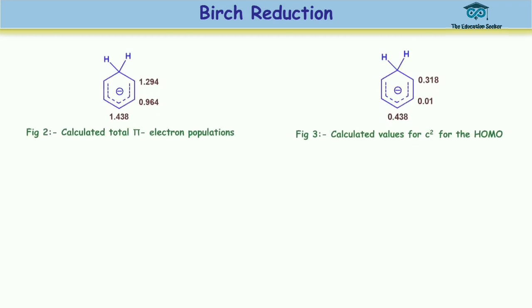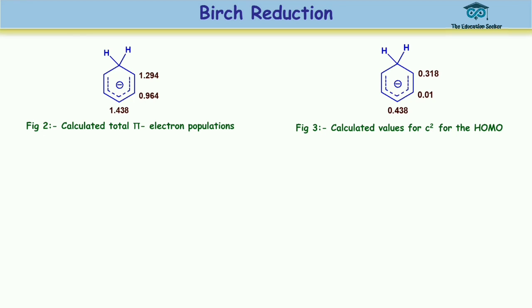So here are the real pictures considering the hyperconjugation effect, and here figure 2 represents the calculated total pi electron populations. You can see that the pi electron density at carbon 3 is more than carbon 1 or carbon 5.